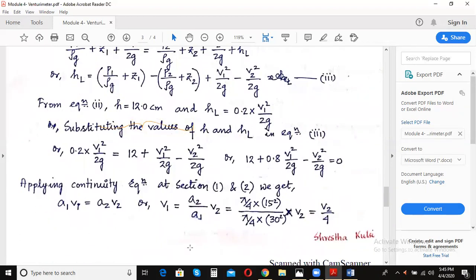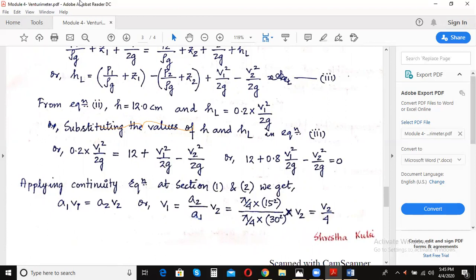So what does the continuity equation say? It says that the discharge across any section of a fluid flow in a pipe is always constant. So if the discharge along a pipe at any section is constant, then we can say that area into velocity, or discharge at section 1, will be equal to discharge at section 2. And what is the formula for discharge?